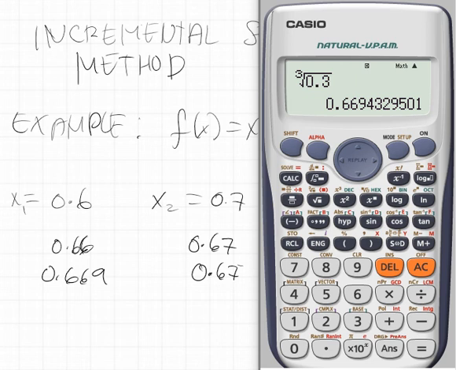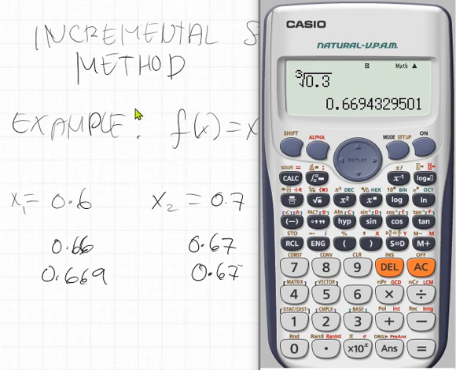You either do it with a wider range for x, but the problem with a wider range is a wider solution. And if you decrease the range, then sometimes you can miss the interval where the root is lying. So that's the disadvantage.